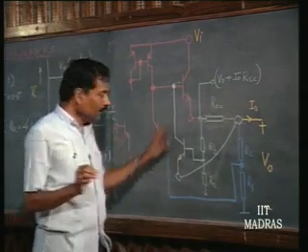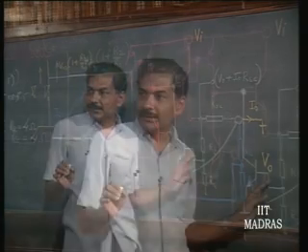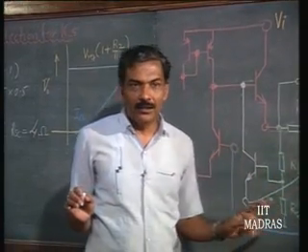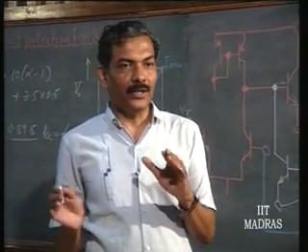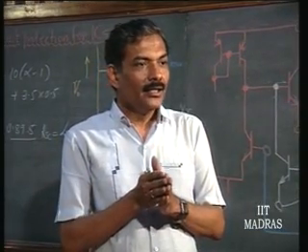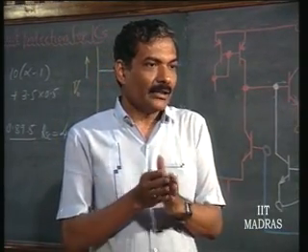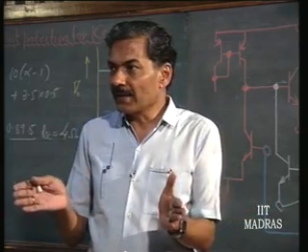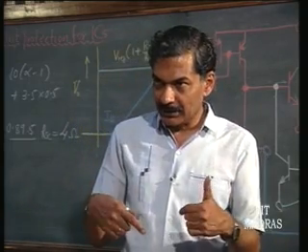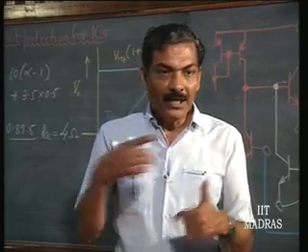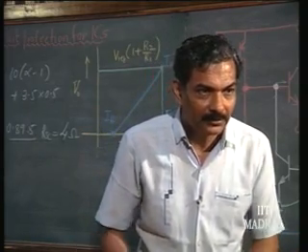Obviously, this is the only part which is active here, the rest of the things are all passive. That is the reason. It is like negative feedback being used for improving the performance or desensitizing the performance factors from the active parameter. So, we do not want our protection circuitry to depend upon any active parameter. Okay.